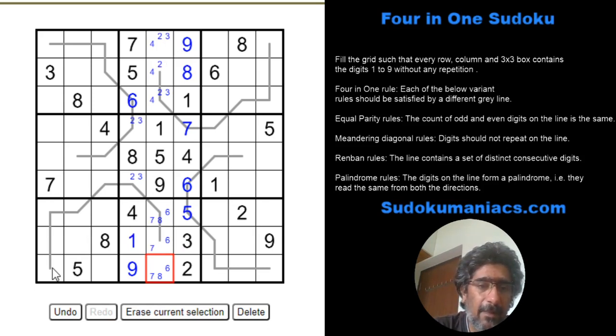But if you look at the first 2 cells, this will have a combination of 6, 7 and 8, so 7 and 8 will have to be on the line here as well as here if this were a palindrome. But we can see that 7 and 8 cannot be in the first two cells. So obviously this is not my palindrome.